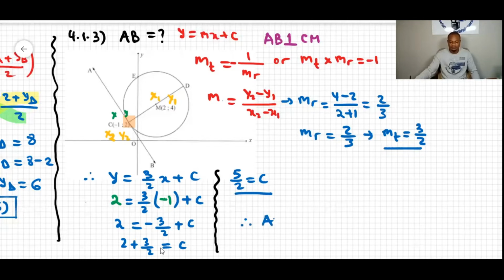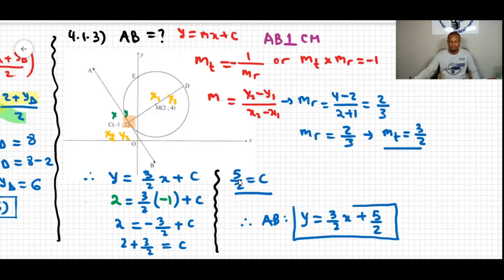Therefore, the line AB will be expressed by y equals the gradient m, which is 3/2, so 3/2 x plus c, and c is 5/2, so y = 3/2 x + 5/2. There we go. Thank you.